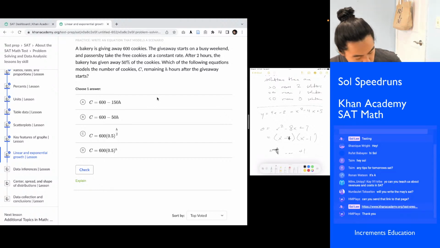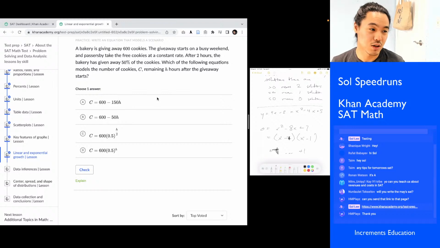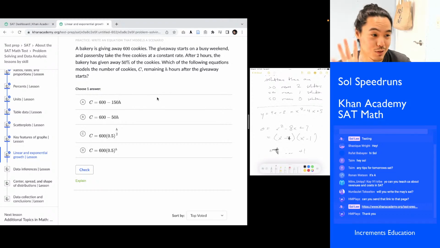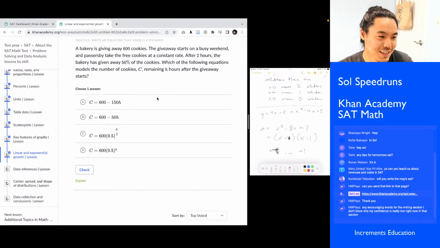I haven't personally seen, but don't trust me because I'm not a math tutor. I've literally only seen one math SAT test in the last 5 years. So do not trust me. But my gut feeling says they're not going to really ask exponential growth questions on revenue and cost, because that's extremely finance heavy.